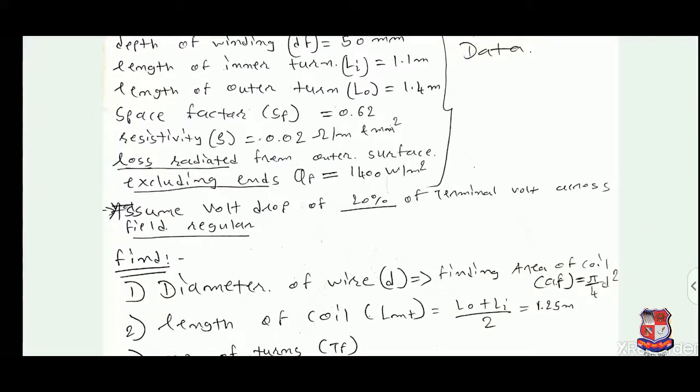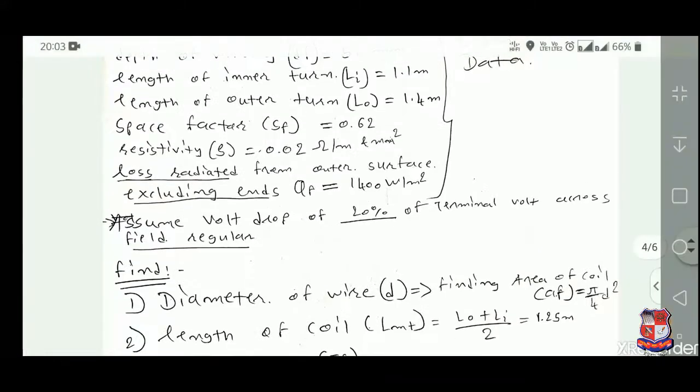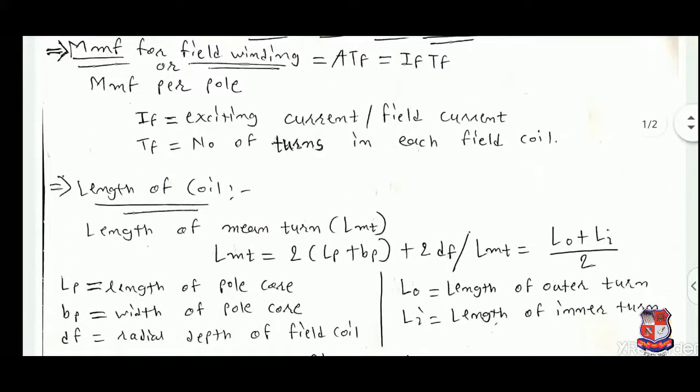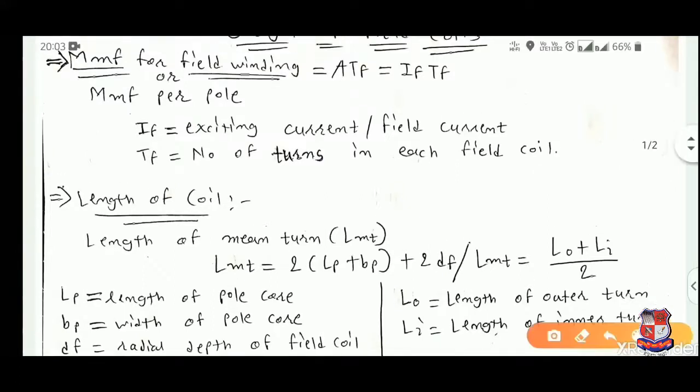After finding the area af, we can easily get the value of d from that equation. And again, for the length of mean turn of the coil, we have two equations. One is LMT equal to 2 Lp plus 2 Bp plus 2 DF. But here we can use the other formula, because we have been given Lo and Li.